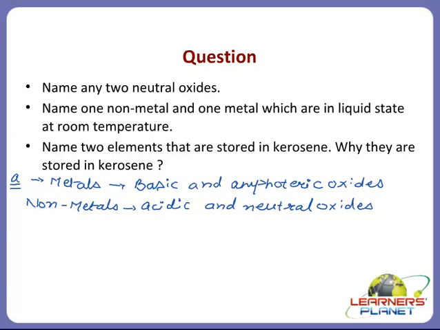I told you, I suppose, carbon monoxide, CO, is a neutral oxide. Nitrogen monoxide is a neutral oxide. Dinitrogen oxide, sorry, it's not nitrous, it is dinitrogen oxide, is also a neutral oxide. So, these are your neutral oxides.